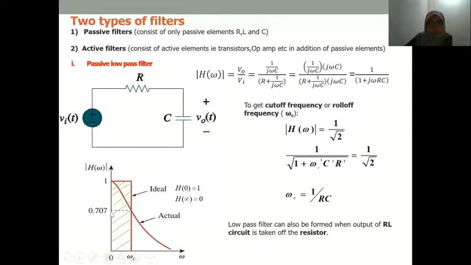And when your H of omega, or your magnitude, is equal to 1 over square root of 2, which is 0.707, it is here at omega c. So this is the low pass, which passes only the signal in between 0 to omega c.